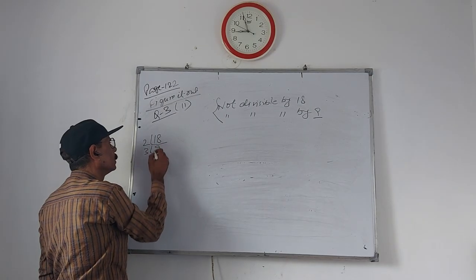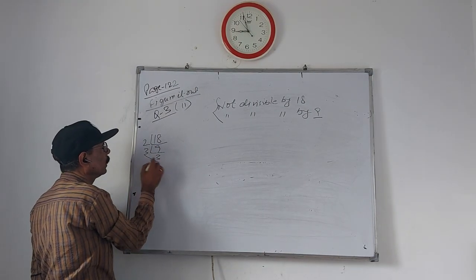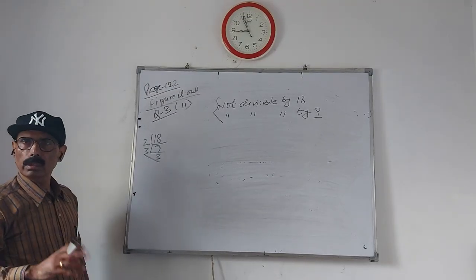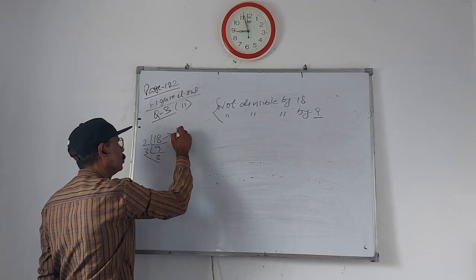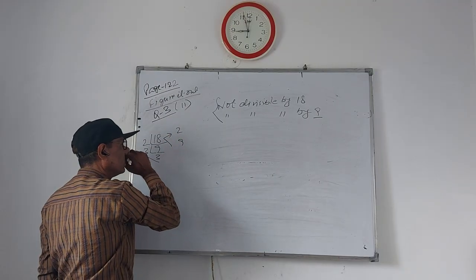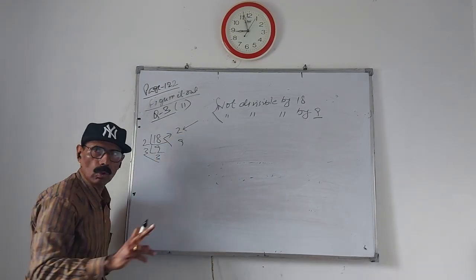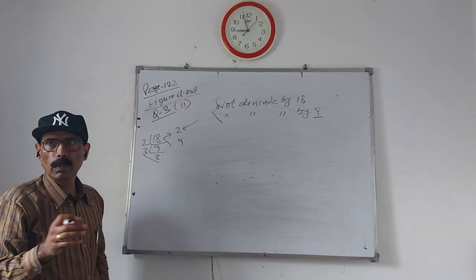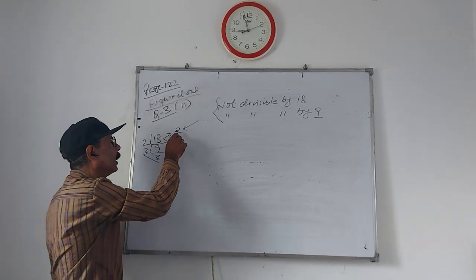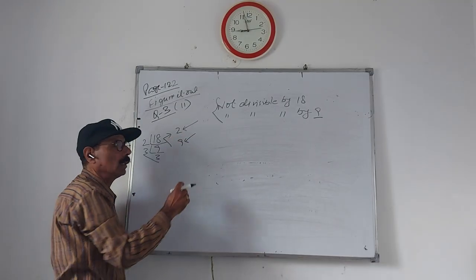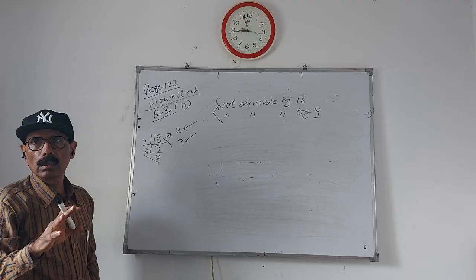So that means 2 and 9. Understood? The factors will be 2 and 9. That means if a number is divisible by 2 and divisible by 9, then the number is certainly divisible by 18.